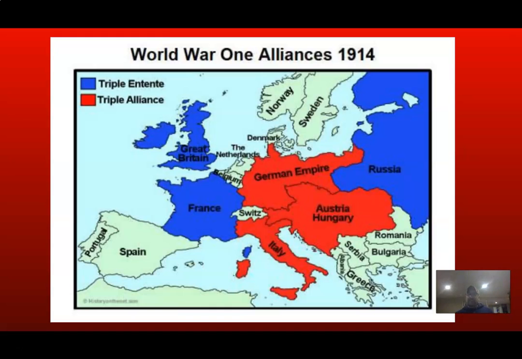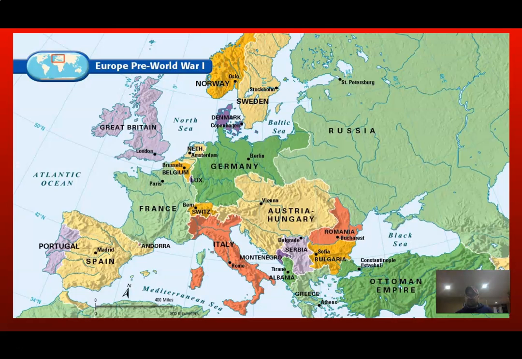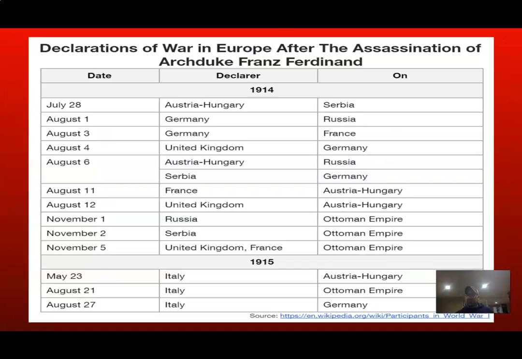So what ends up happening is after the assassination of the Archduke, there's going to be a chain reaction. And that chain reaction is going to result in the start of World War I. And I'm going to post these slides for you guys on Classroom, but you could see how quickly it happens, where Austria-Hungary is going to declare war on Serbia, obviously, because the Serbian nationals killed their Archduke.